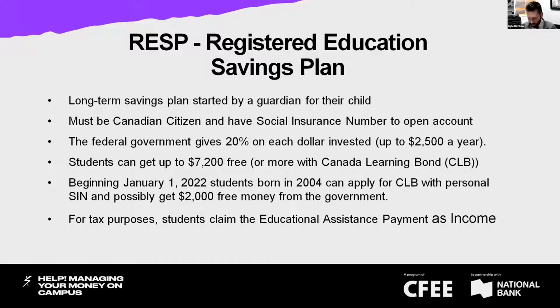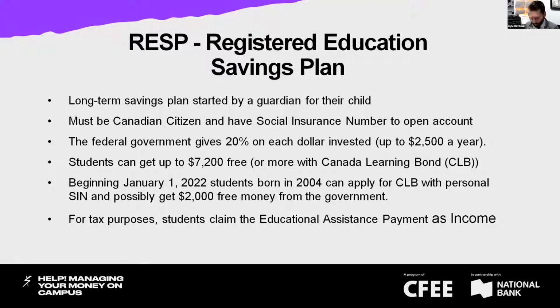When you contribute this way, the federal government will provide a grant up to $500 or 20% of the first $2,500 contributed. Unused grants can be carried forward for years dating back to 1998 if the child was born at the rate of 1% per year, up to a total of $1,000 in grants per year.